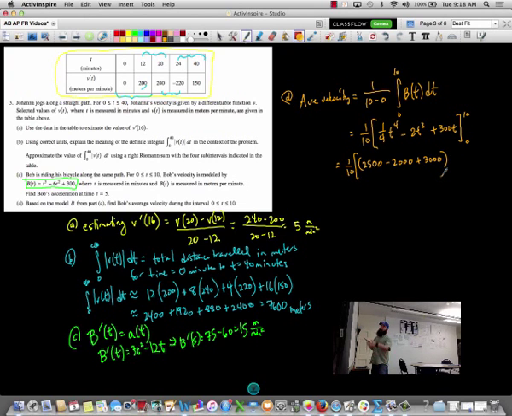And then when I plug in 0, there's t's in every term, so that whole thing would be just 0. So this would be 1/10 of 3,500, which is 350. And the units of that, since we're doing average velocity, will be 350 meters per minute. And that's part D.